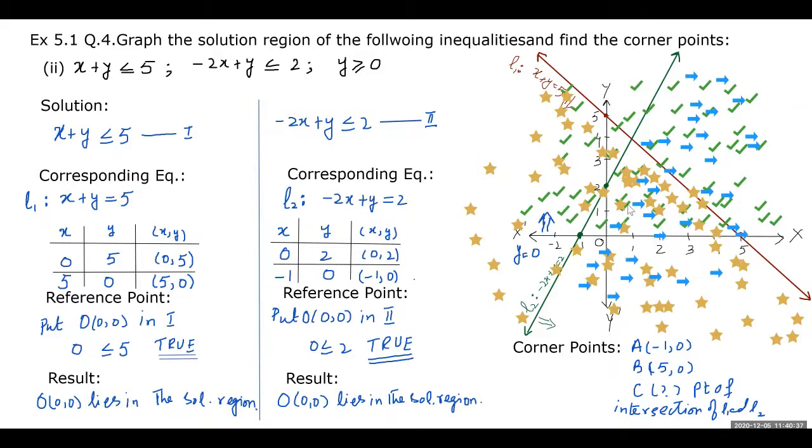Now try to locate the region in which all these three are present. I want you to locate that region. Here it is. You can see this, this, and this. This is the region which has got all the three shades. So this is the intersecting portion of all these three.